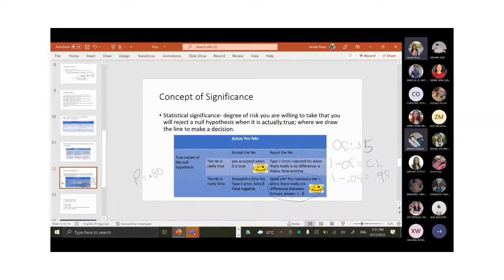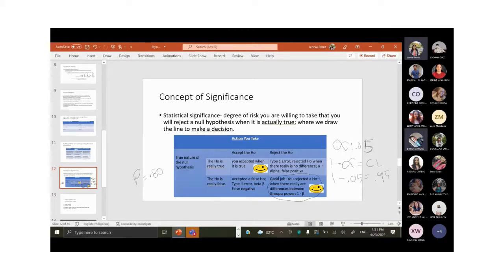So that is what we call power. Okay, tawag dyan, you have a good power in your research. So power, it is the percentage chance that you will be able to reject the null hypothesis if it is really false. The probability of not making a type 2 error. Cutoff for differentiating between low and high power would be roughly 0.8 or 80%. So having a beta less than 20% is good.